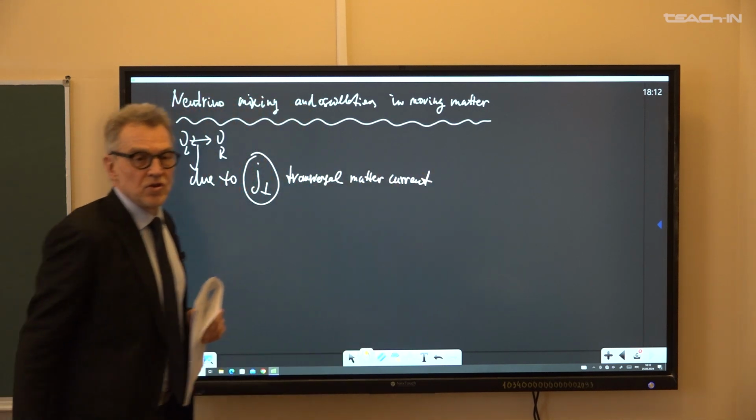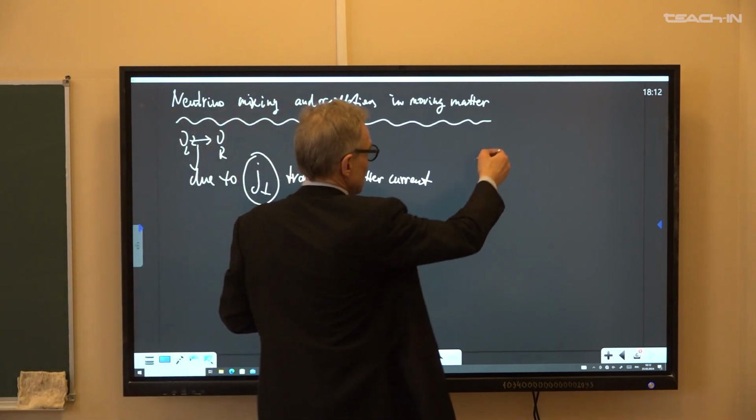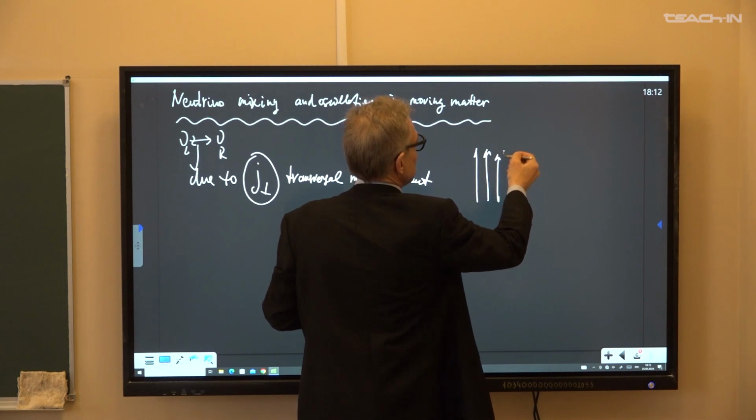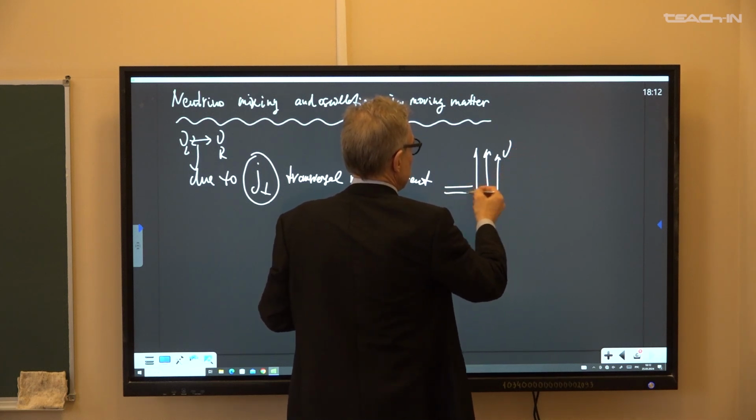Transversal in respect to neutrino propagation. So we have a flux of neutrinos. This is the momentum of neutrinos. This is neutrinos. And this is matter.